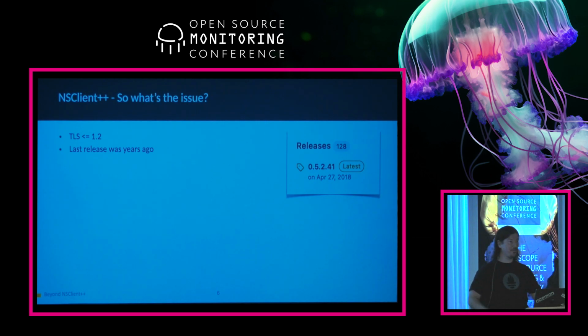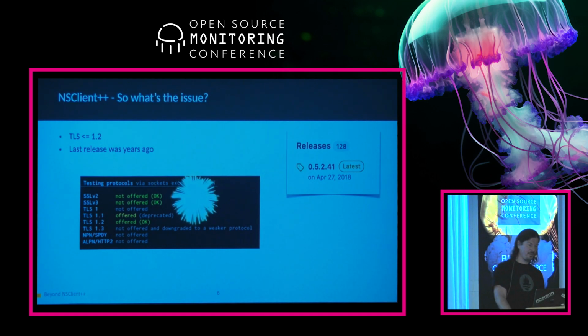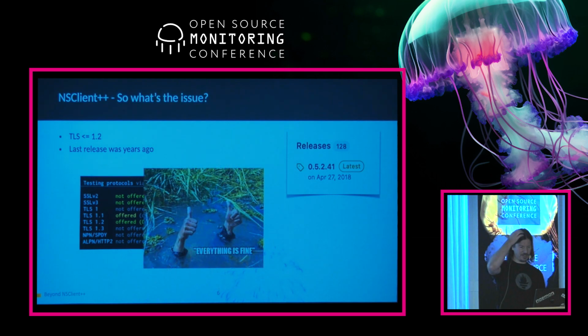When the years go by, we have to do something about it, and nothing happened. The security scanners just nagged us every year and said we have to do something about it. Okay, we just wait for the next release, and we're still waiting. So I guess everything is fine.